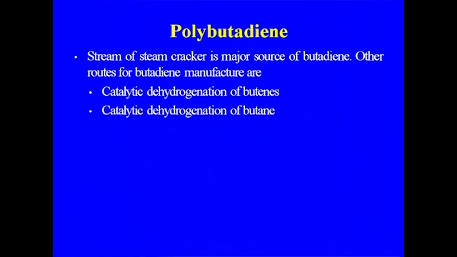Other routes for butadiene are catalytic dehydrogenation of the butenes, and catalytic dehydrogenation of the butane. These are the two other routes, because we can recover these from the FCC gases, the C4 gases.